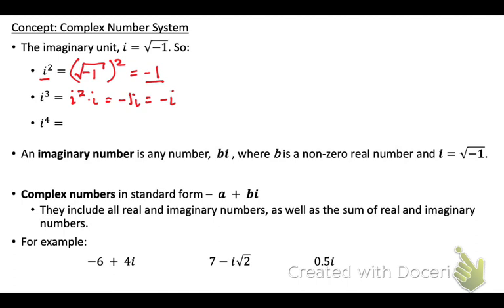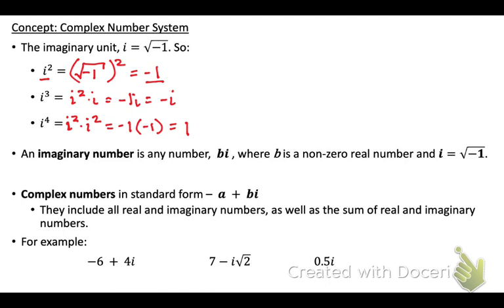Because you can have i in your answer to the first power. So if you have i cubed, it's just negative i. So i to the fourth, wouldn't that be i squared times i squared? Yes? Okay, well, what's i squared? Negative 1. And negative 1 times negative 1 is? Oh, positive 1, my bad.